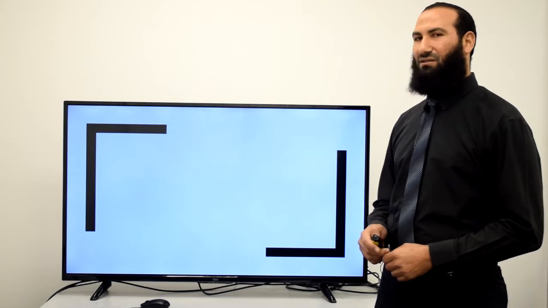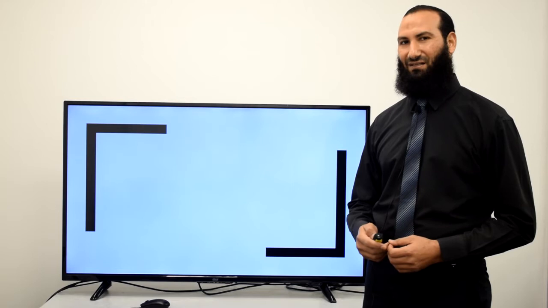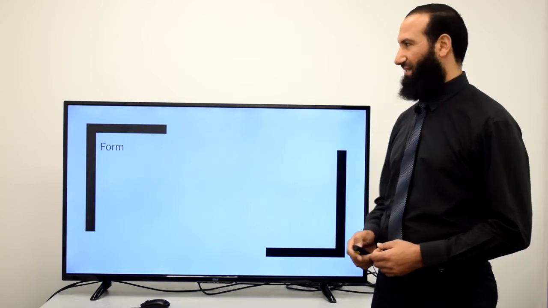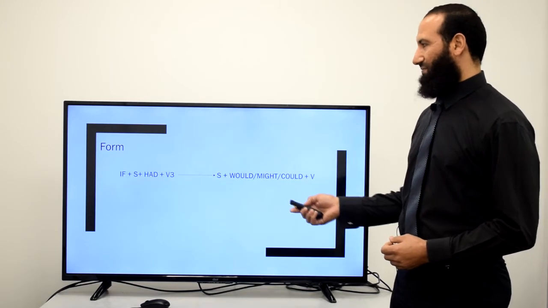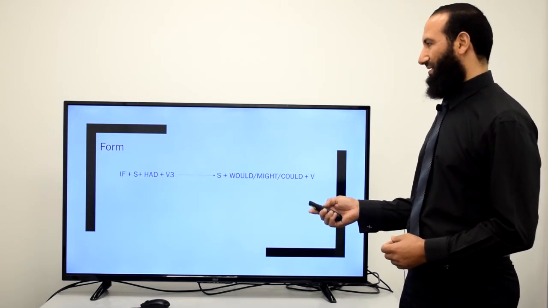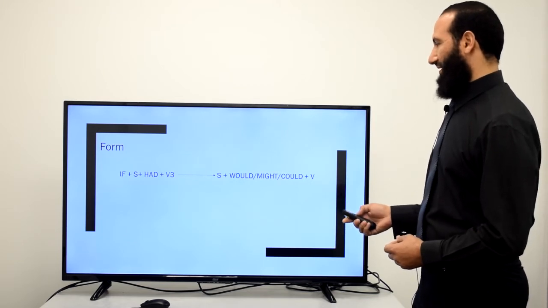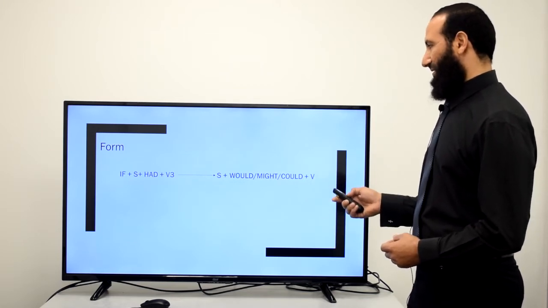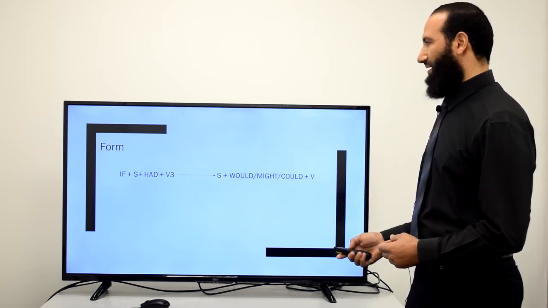Now, what is the form of if, especially in type 3? The form is, as you can see on the board, if plus subject plus had plus verb 3. The second part of the sentence is subject plus would or might or could plus verb.